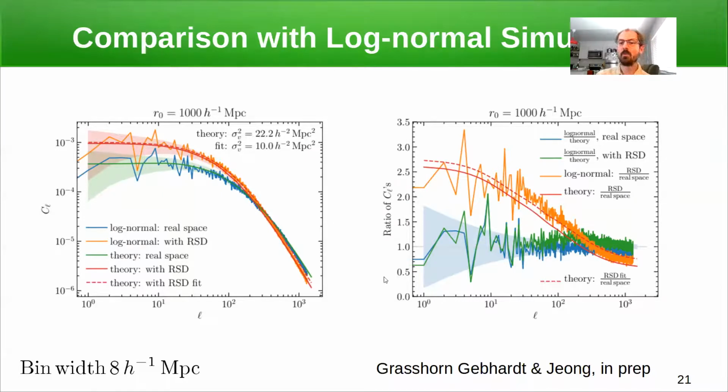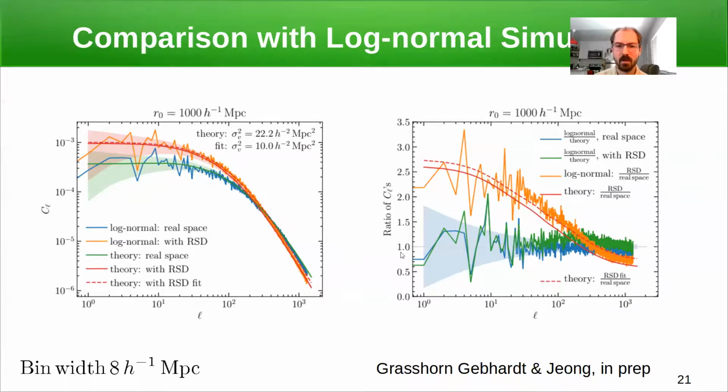And perhaps more clear to show this is by showing the ratio of these various CLs. And so in blue is just the ratio of the measurement of the log-normal to the theory in real space. In green is the same ratio of the log-normal mocks to the theory, but now in redshift space.